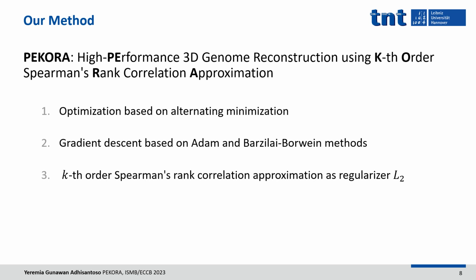Furthermore, we use the Barzilai-Borwein method to adapt the step size at every single iteration. And at the end, similar to other methods, we add an additional objective function which works as a regularization. Here it's called kth order Spearman's rank correlation approximation.